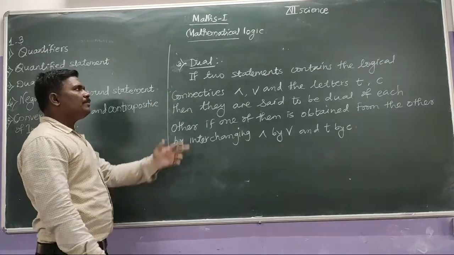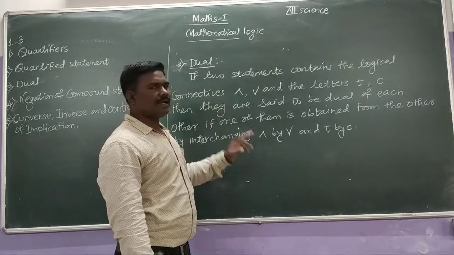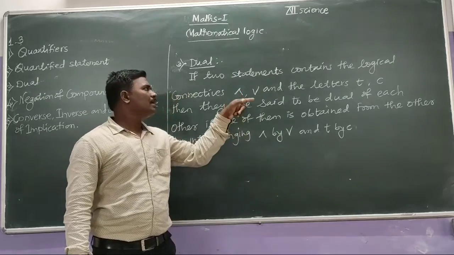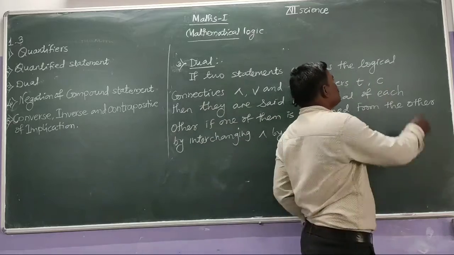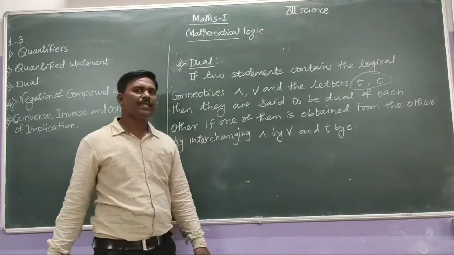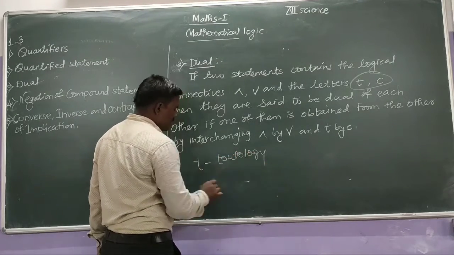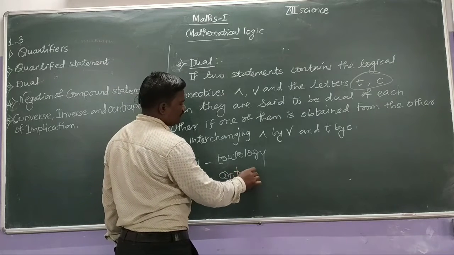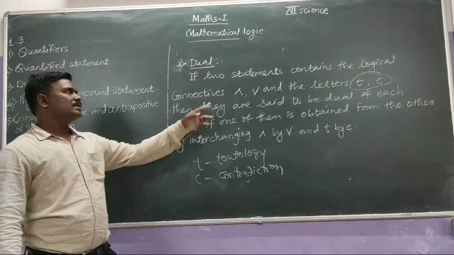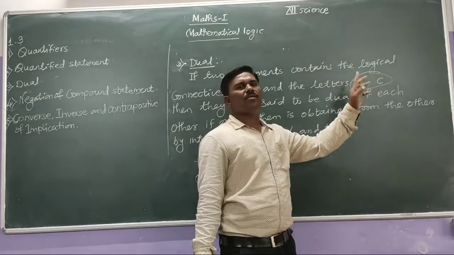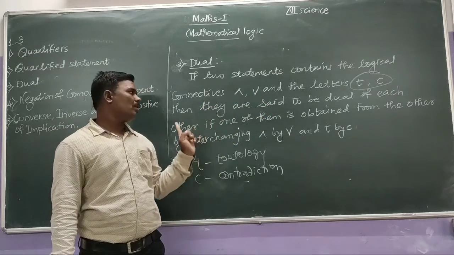The definition of the dual: if two statements or statement patterns contain the logical connectives conjunction, disjunction and the letters T, C, where T represents the tautology and C represents the contradiction, then they are said to be dual of each other.